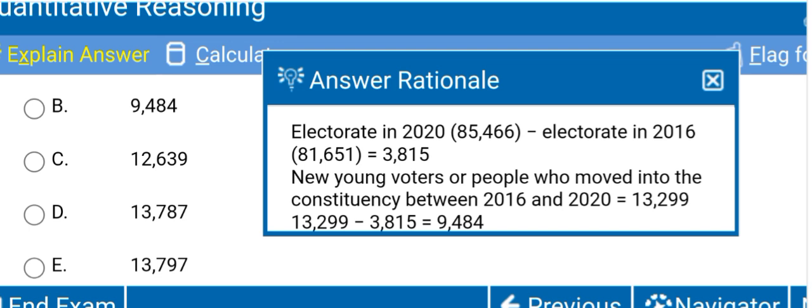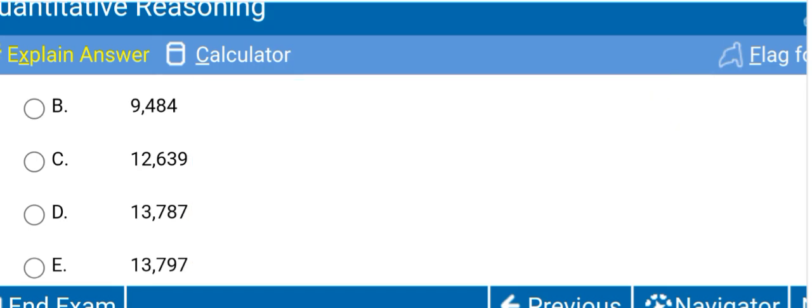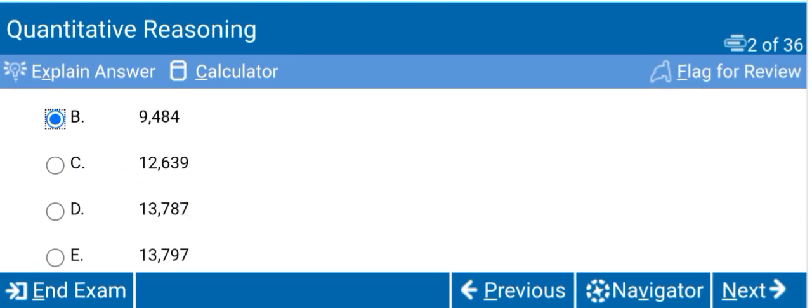New young voters or people who moved into the constituency between 2016 and 2020 equal 13,299. Now if we subtract the above value, 3,815, from 13,299, we get 9,484, which is in option B. This is the correct number of people.